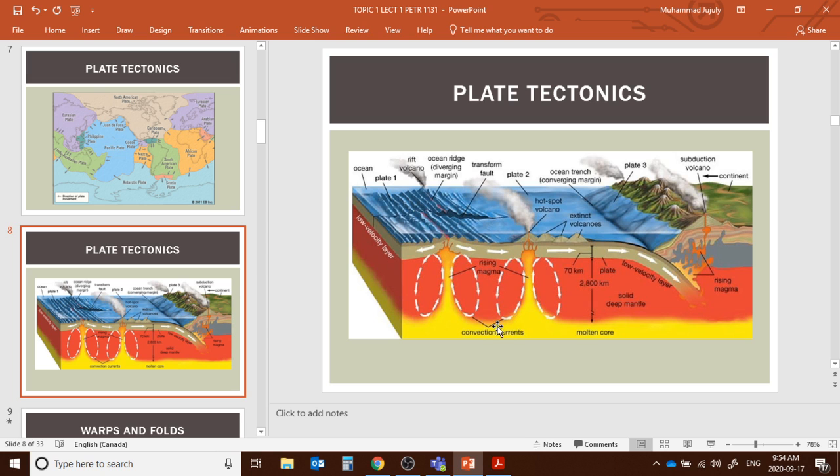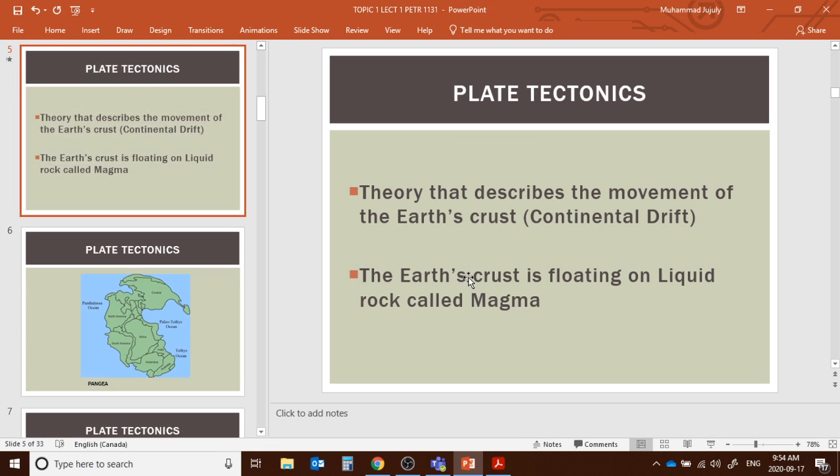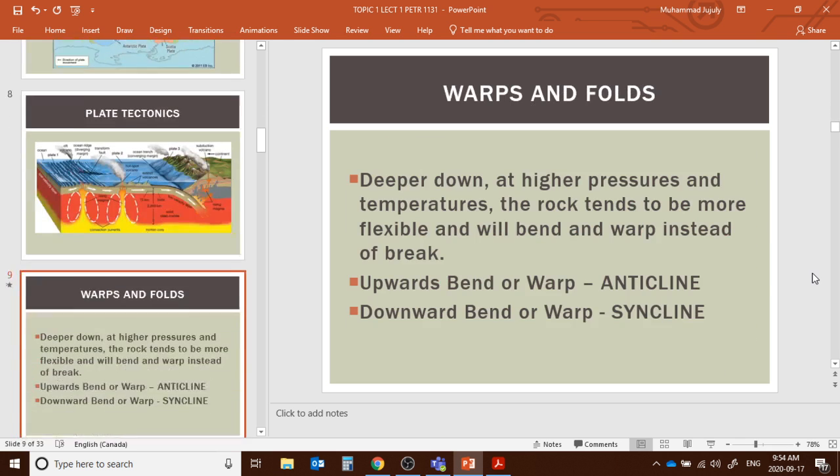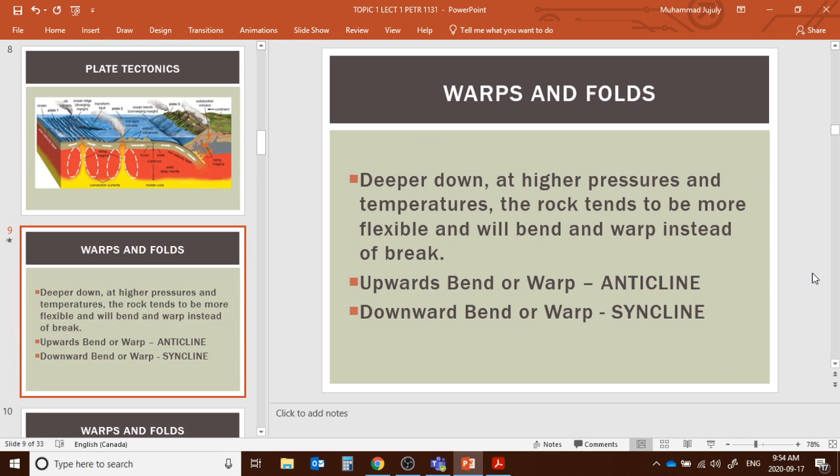The rising magma comes up, because we heard that the Earth's crust is floating on the liquid called magma. Now, deeper down, at higher pressure and temperature, the rock tends to be more flexible.